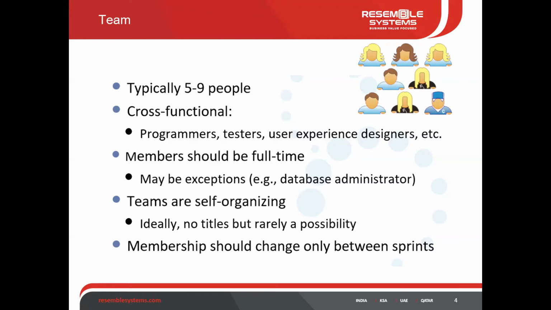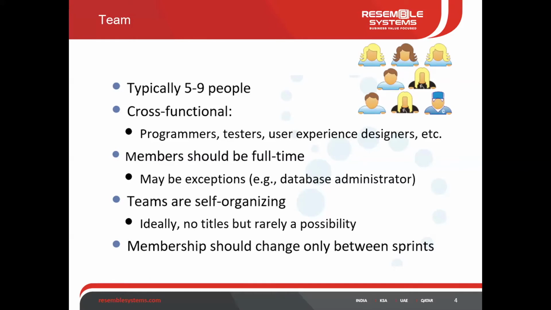Members should be full-time available. Since we have a very short time frame of 2 or 3 weeks, the members should be collaborating and available all the time, because they have a small part of the deliverables, so they need to focus and put in the maximum effort. Teams are self-organizing, so I would not call them by any title, or they might be like a full stack team.